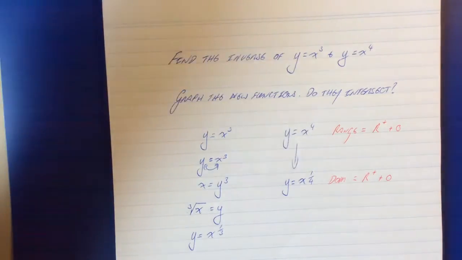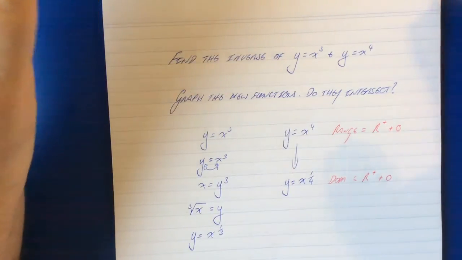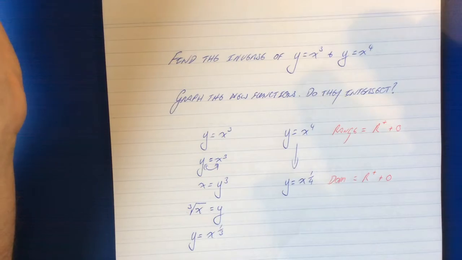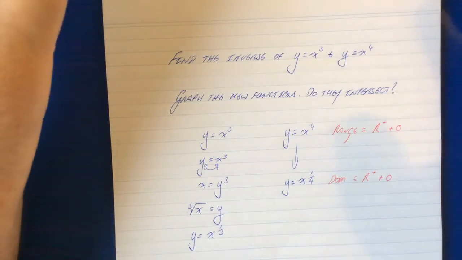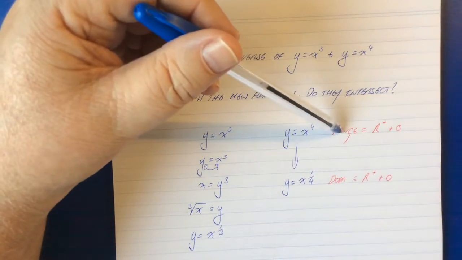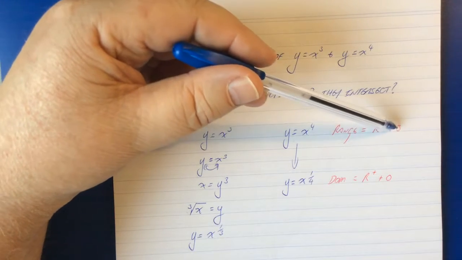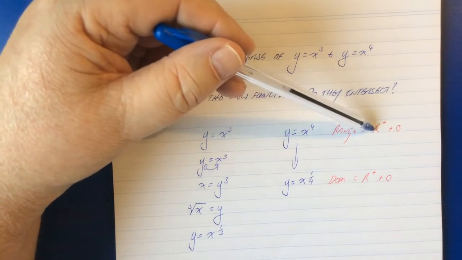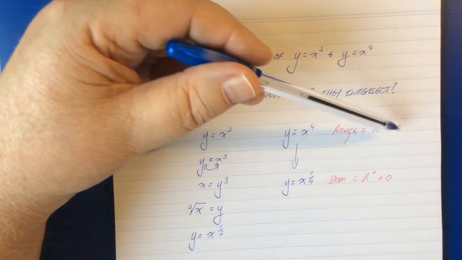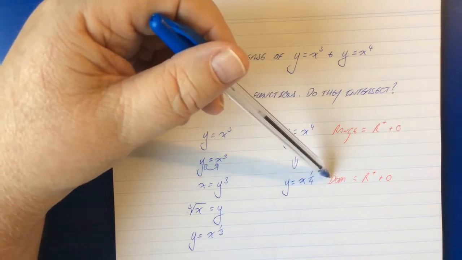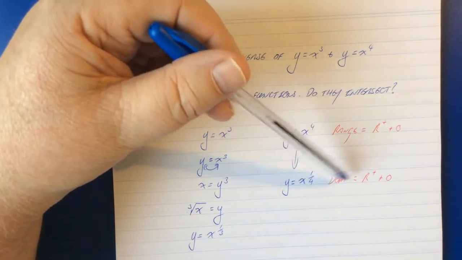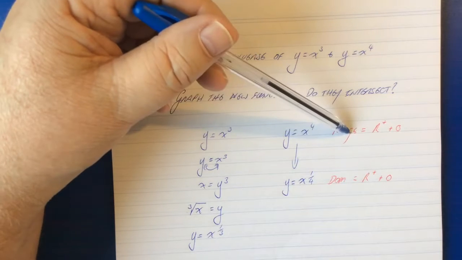Now people who know about inverses will know that when you find the inverse of a function, the domain and the range swap around. So in this case, we have a restricted range. It is from 0 to infinity, or all positive real numbers, including plus 0. Therefore, the domain of this function is going to equal the range of this.